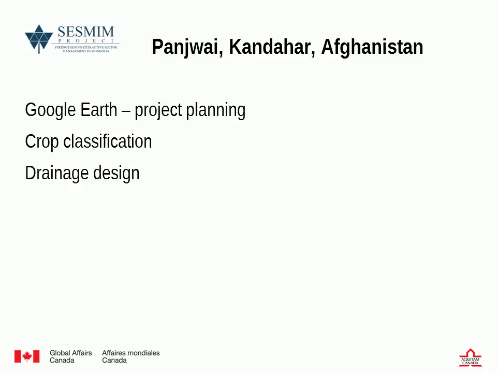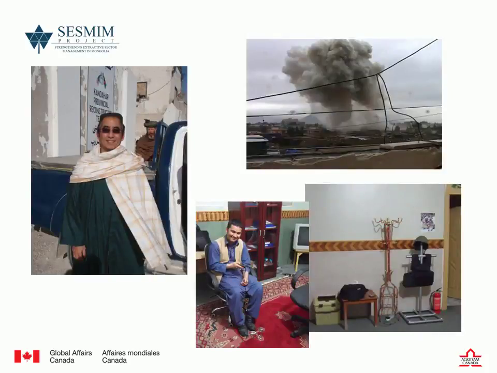To help the civilians, Canada had some projects that I was involved in, and my project was on the irrigation and drainage side. I have to wear this hat, Taliban jacket, but underneath is my flak vest.